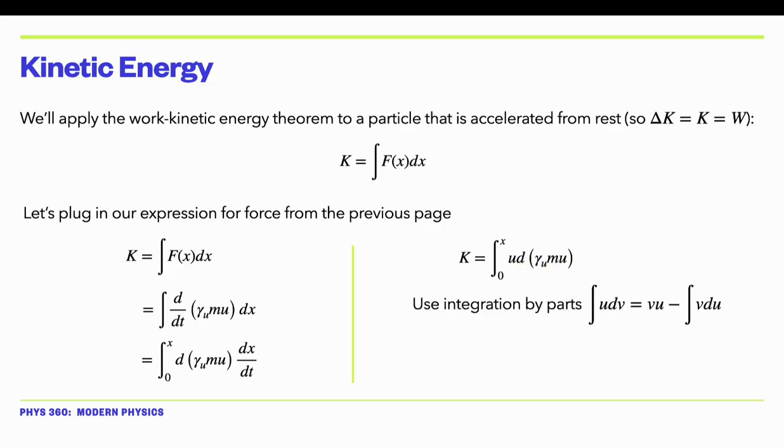We can integrate this by parts, so we're equating u with u, and v is going to be gamma m u, just from the standard integration by parts formula. So when you apply integration by parts, you get this. This first term is evaluated for the velocity from 0 up to some final velocity u, and then again we're integrating the second one from 0 to u.